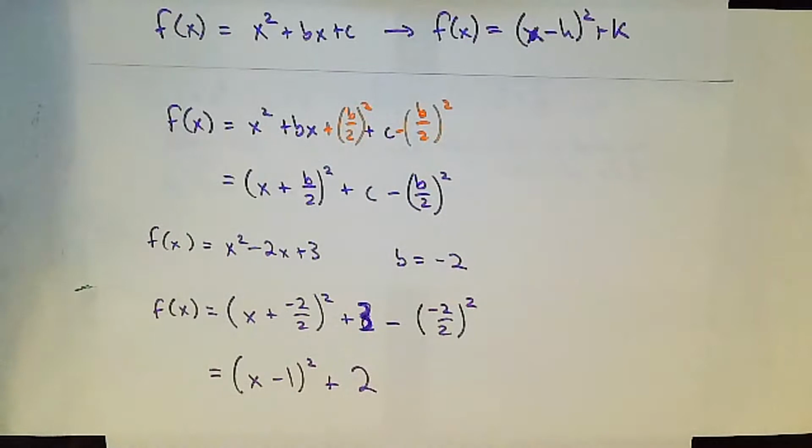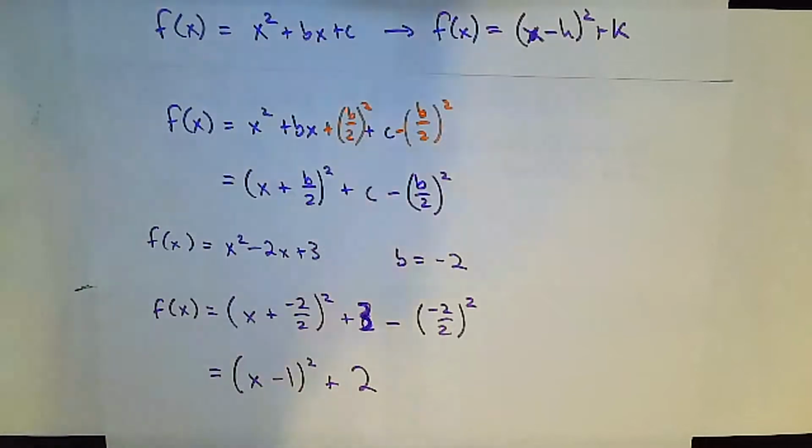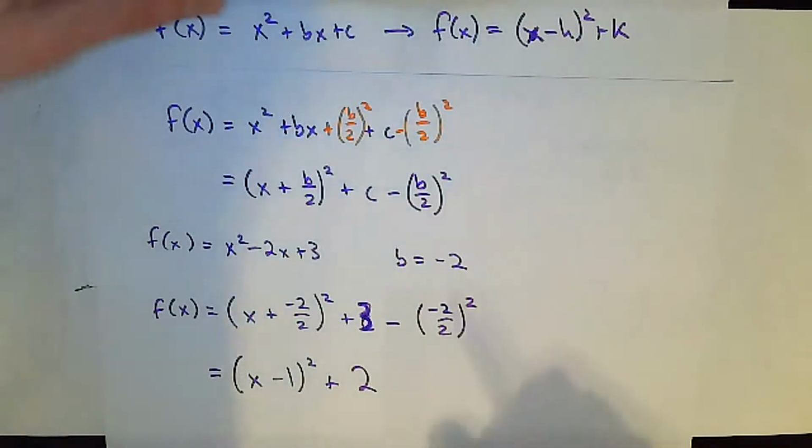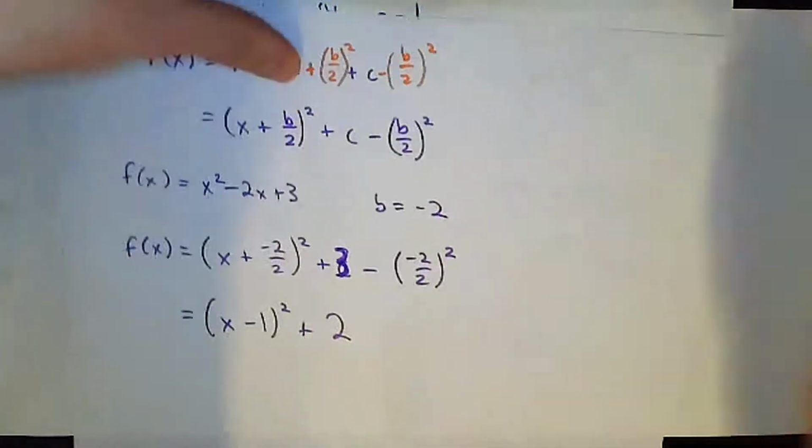No factoring or anything like that, right? Just crunching some numbers. This is how it's traditionally taught. In fact, most instructors don't do a separate case with a equals 1. I just wanted to build up to the generic case here.